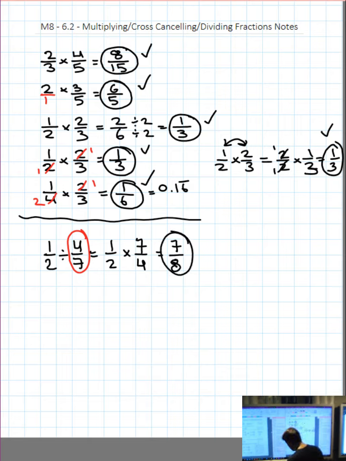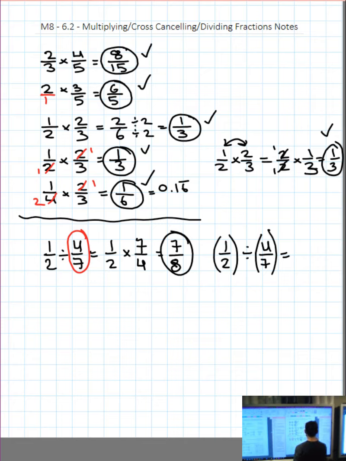Now, this is going to be a little bit more difficult to type into your calculator because most standard calculators will not understand 1 divided by 2 divided by 4 over 7. In order to type this in the calculator, you're going to have to put brackets around the 1 over 2 divided by brackets around the 4 over 7.